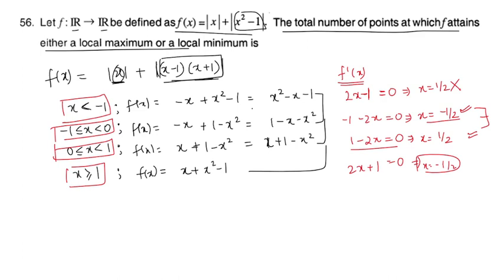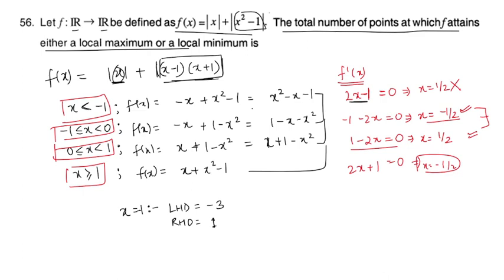So at x equals negative 1, if you figure out the left-hand derivative, that is going to be equal to negative 3. Just plug in negative 1 here. And the right-hand derivative is going to be equal to 1.